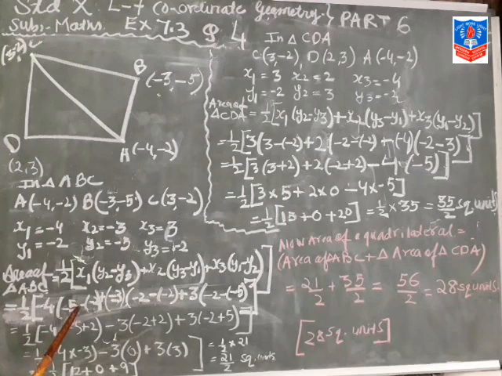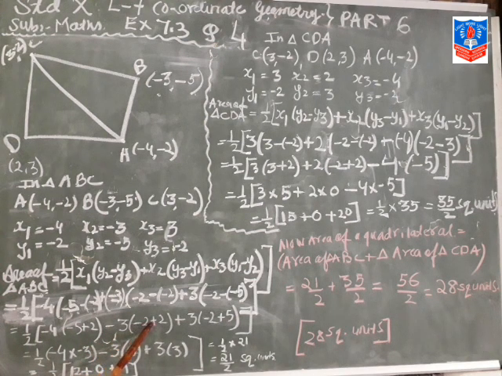Here minus plus 2. Plus minus minus 3. Minus 2. Minus plus 2. Plus 3. Minus 2. Minus plus 5. So here minus 5. And here minus 5 plus 3. Minus 3. Minus 3.